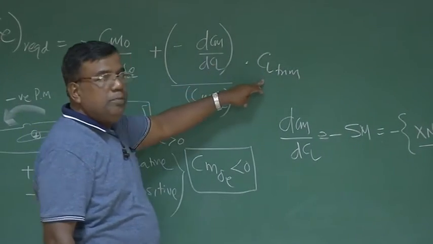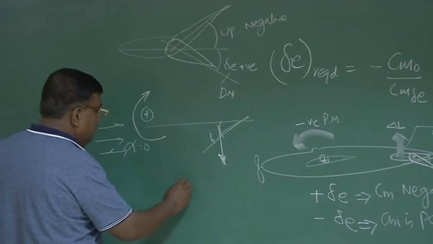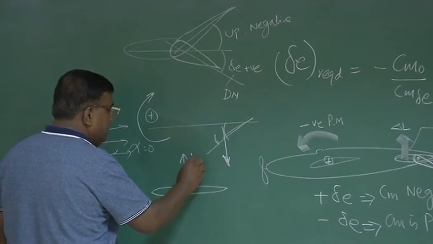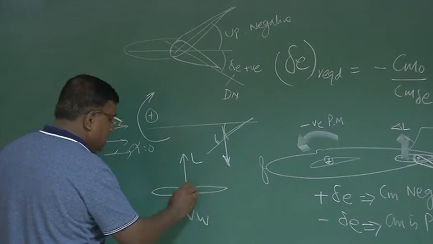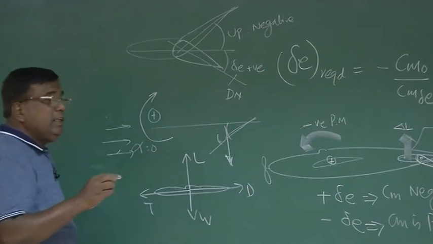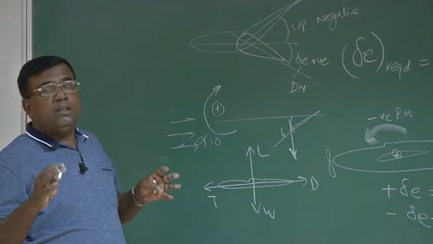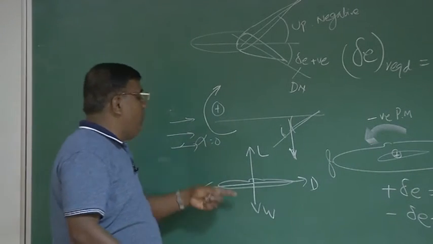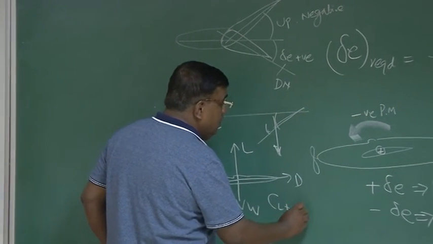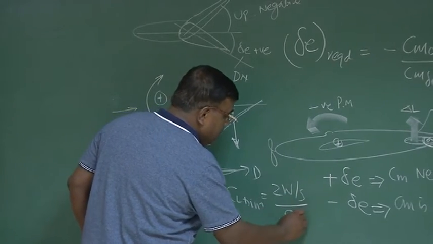What about CL trim? How do I physically understand what CL trim is? I told you, if the airplane is flying with lift equal to weight and thrust equal to drag, because we have taken cruise as our equilibrium, and all these examples assume that cruise is our equilibrium, then CL trim will be 2W by S by rho V square.